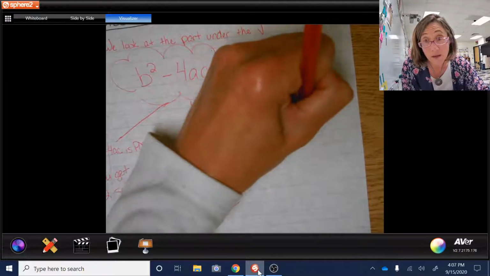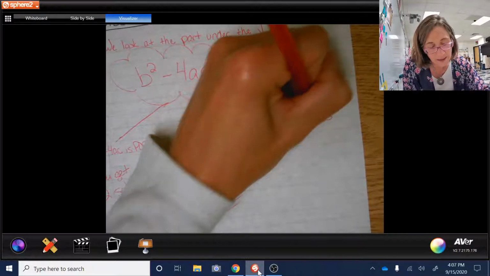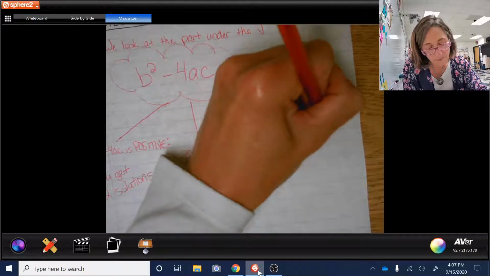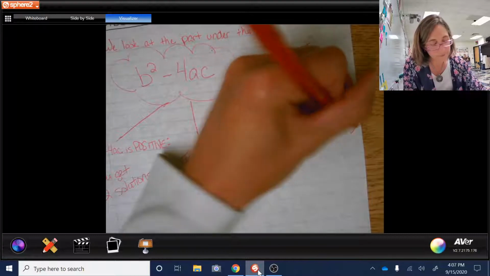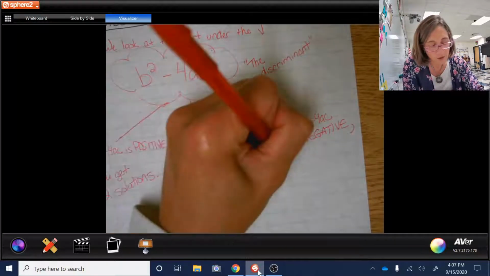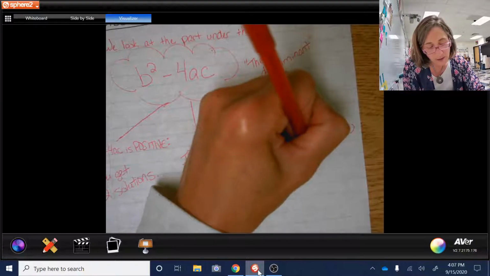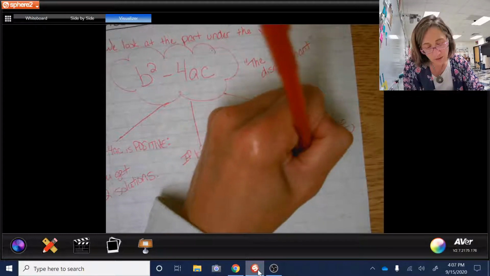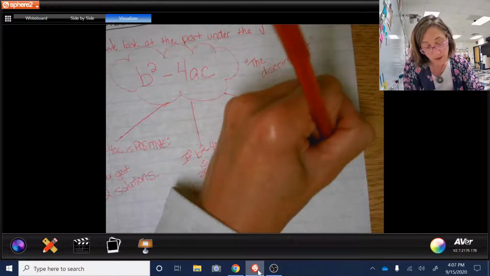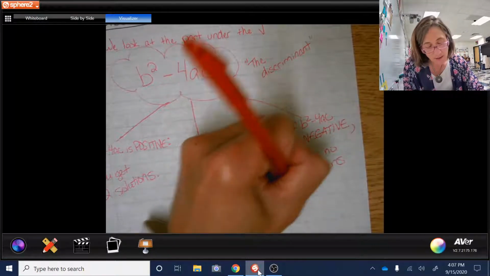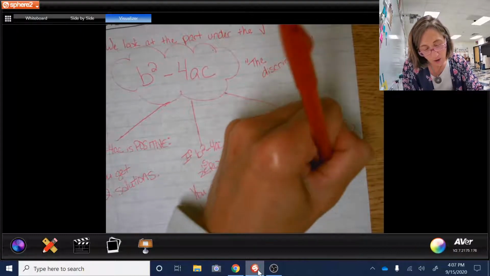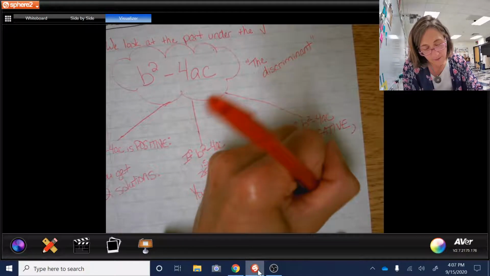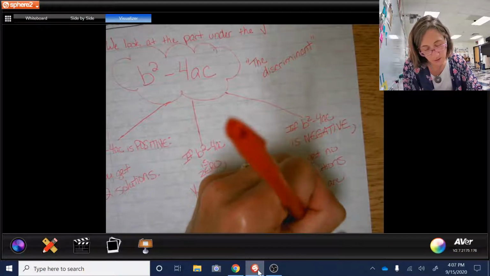If the b squared minus 4ac is negative, you get no real solutions, but there are two, the word for this is complex solutions.